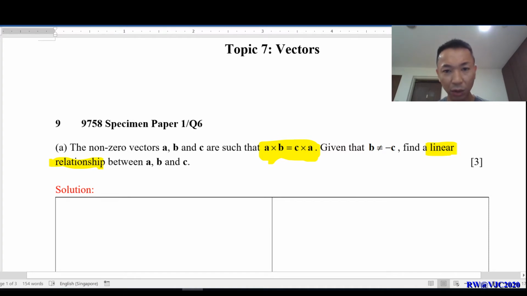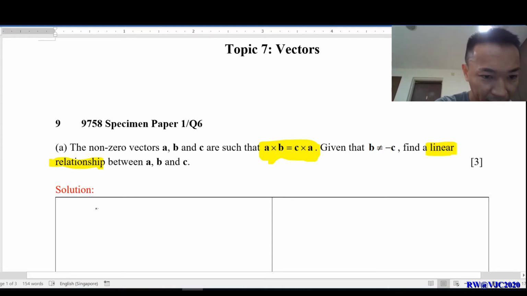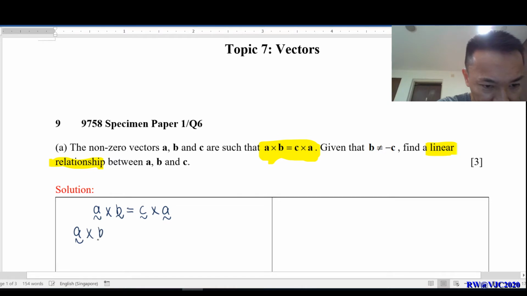So if you are given A cross B equals C cross A, we start off by writing this, A cross B equals C cross A, and the usual way we would do it is to minus C cross A on both sides, and you get this.